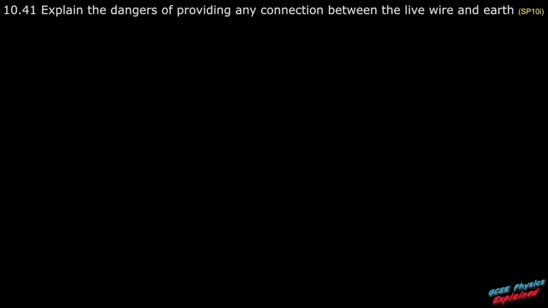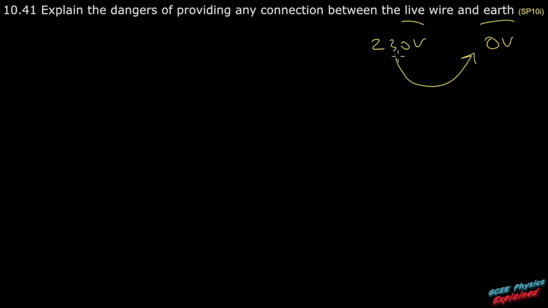41. Explain the dangers of providing any connection between the live wire and the earth. Right, well, as I've said, the live wire is 230 volts, the earth is 0 volts. Now, what's going to happen is loads of electrons are going to go from the live to the earth, and that can cause an electric shock.